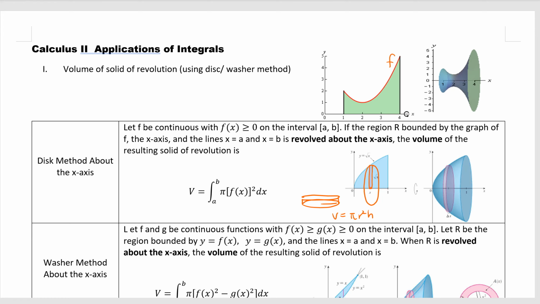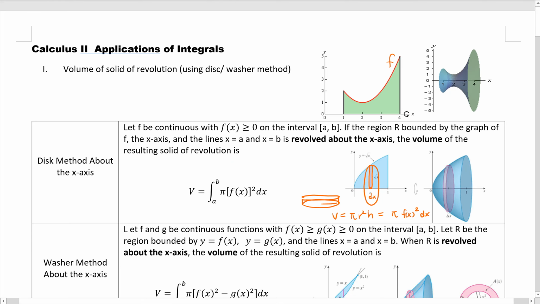Here r is f, so it's pi f of x squared, and the height is dx. Then when you sum up all the slices, this is the integral we get. So this is the disk method.